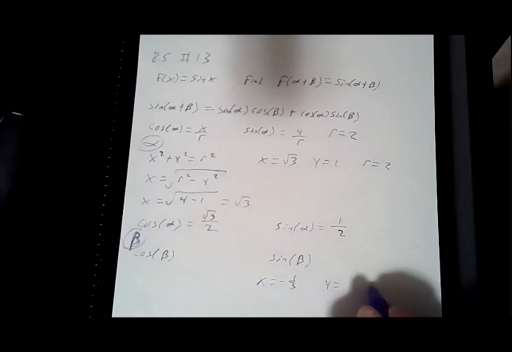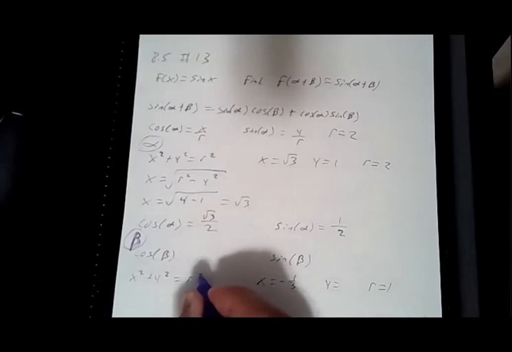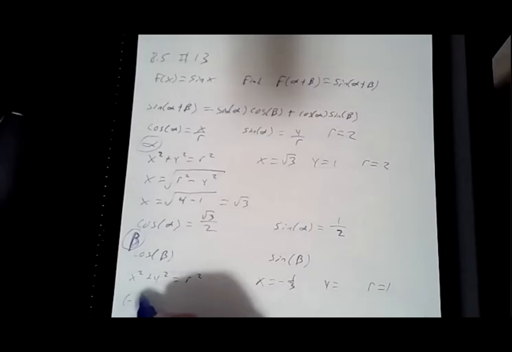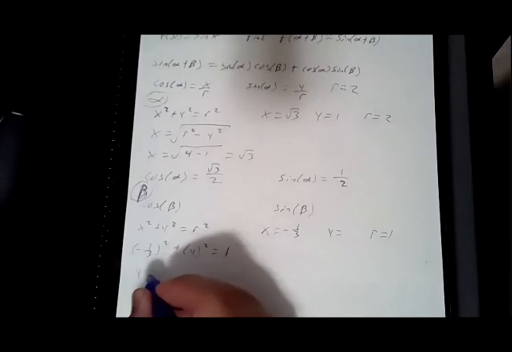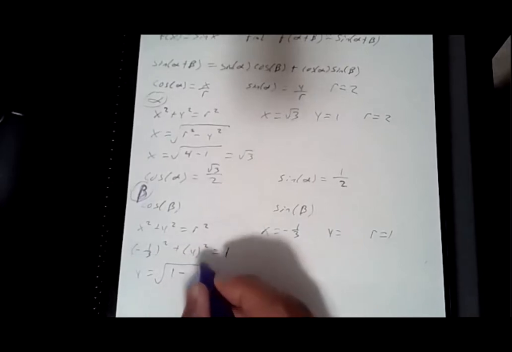Y we need, and R is 1. So x squared plus y squared is equal to R squared. So this would be negative 1/3 squared plus y squared equal to 1. So y will be the square root of 1 minus 1/9.